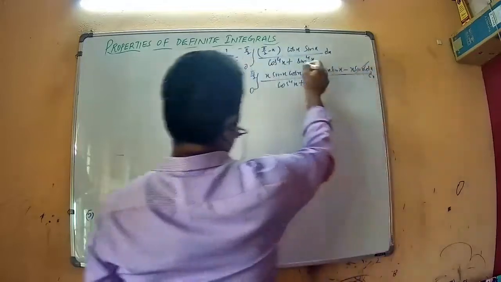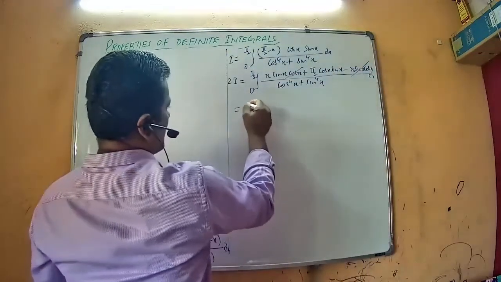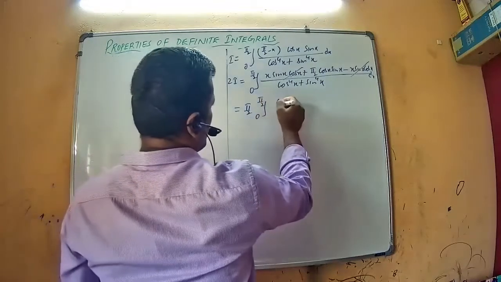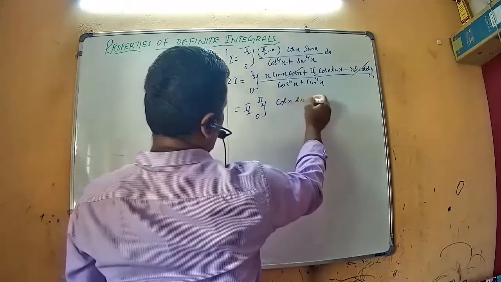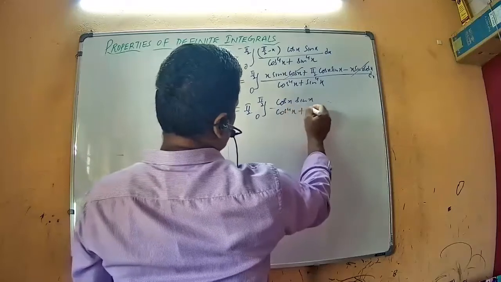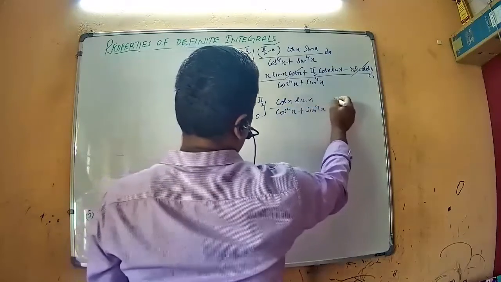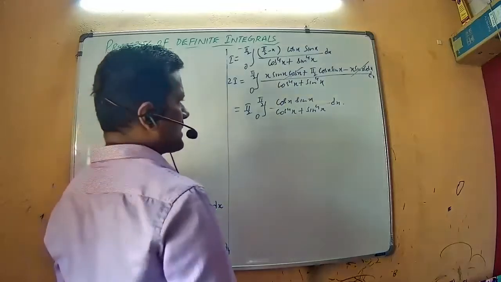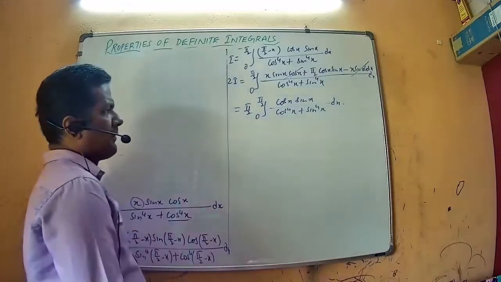So these two will get cancelled and you will be left with pi by 2, write it outside, integral from 0 to pi by 2 of cos x into sin x by cos power 4x plus sin power 4x.